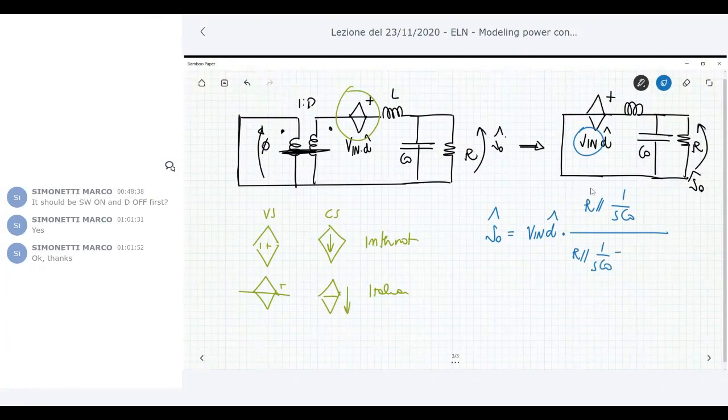I used Laplace here to make this computation, and this is admissible because we have at this point a linear time invariant circuit.